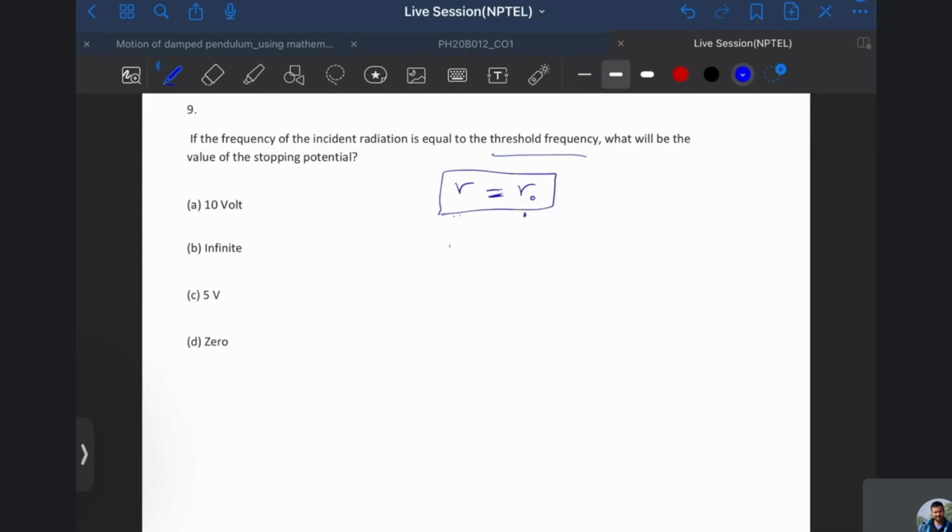You have the formula, right? Kinetic energy max is h(nu minus nu naught). If nu and nu naught are equal, then kinetic energy max is 0, right? And since the kinetic energy is 0, you don't need any potential to stop the electrons because they are already stopped. So the stopping potential will also be 0.